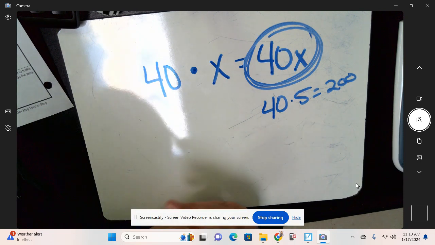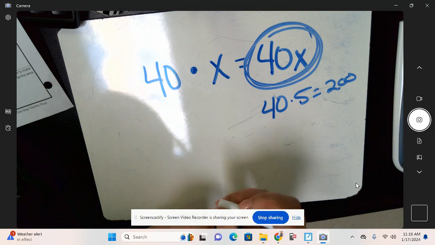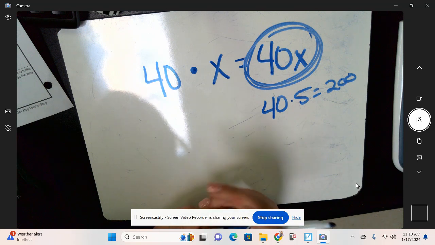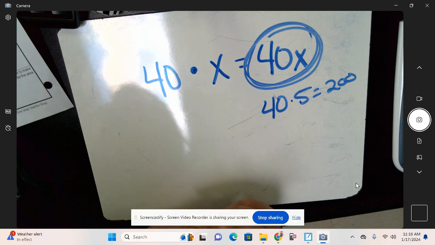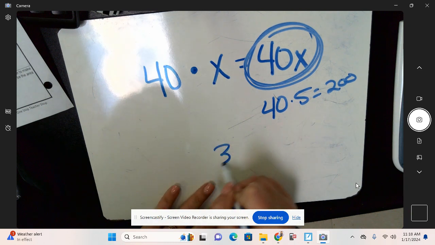Number 15 says Jonathan ran 5 days this week. The most he ran in one day was 3.5 miles. Write an inequality that shows the distance Jonathan could have ran any day this week. So if at most he ran 3.5 miles, that means he can't run more than, but he could run 3.5.